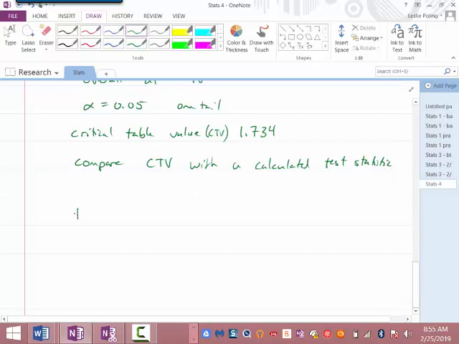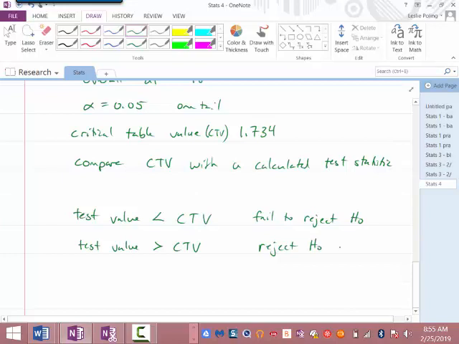So, if your test value is less than your critical table value, you fail to reject your null hypothesis. If your test value is greater than your critical table value, you reject your null hypothesis.